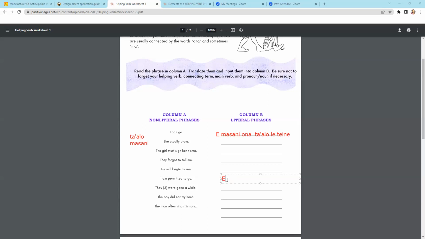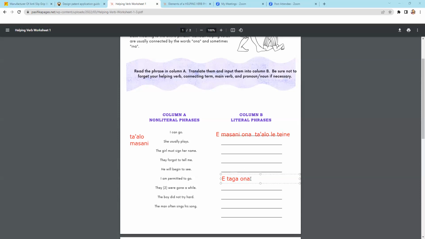And then since we're talking about our helper verb, what would be our helper verb in this one? Did you say tanga, like tanga ona? Yep, tanga ona. So this is our helper, and then ona comes after that automatically. And then what would be the subject?